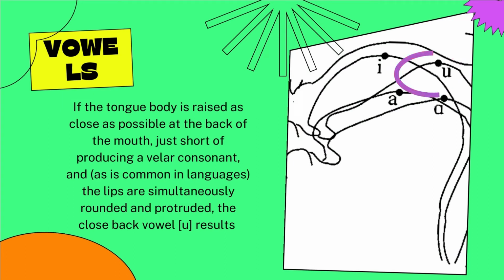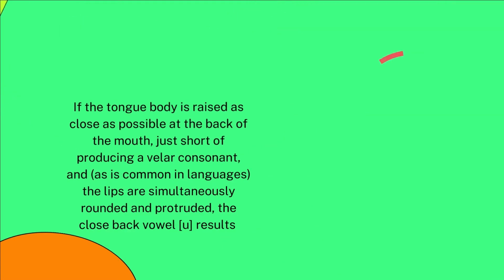If the tongue body is raised as close as possible at the back of the mouth, just short of producing a velar consonant, and, as is common in languages, the lips are simultaneously rounded and protruded, the closed back vowel U results, which is similar to the vowel of boot.